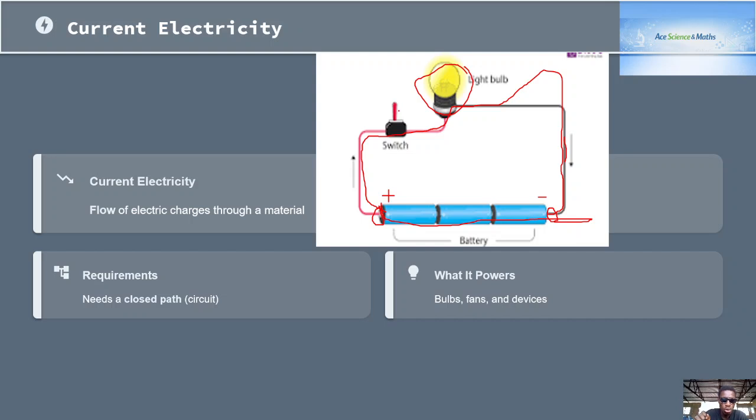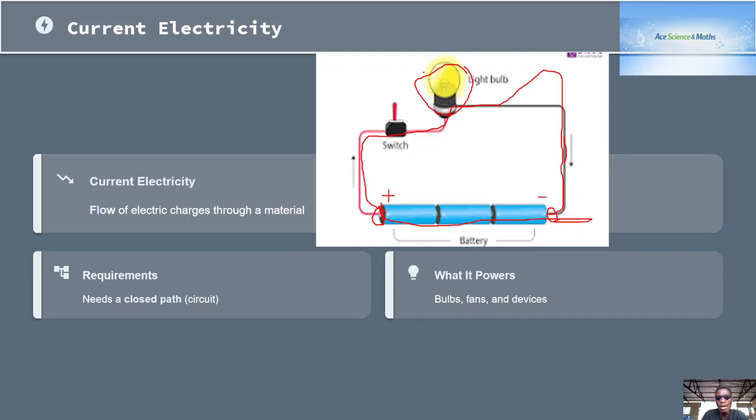Electrons will stop moving and the bulb will go off. If the circuit is complete, or the switch is closed, electrons flow continuously and the bulb stays on. This is what we have to understand: the moving electrons carry energy, which is what helps to power the device, in this case, the bulb.